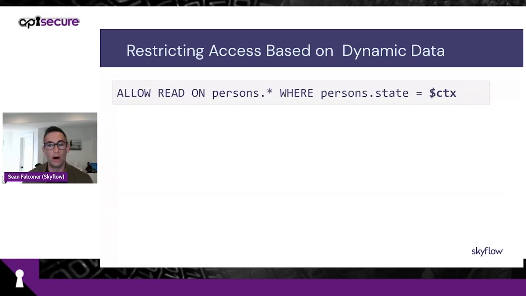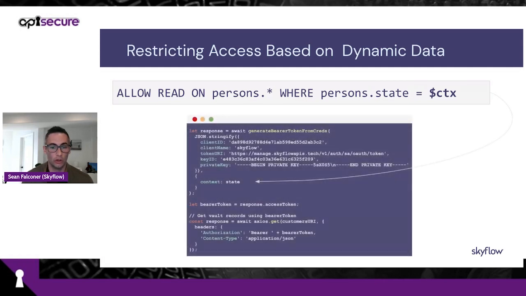So what we developed in order to support that is something we call context-aware authorization. And here, what we can do is we can create policies that are context-aware, where the value in this example for state is this parameterized context value. And this parameterized context value is passed in during authentication against the API.